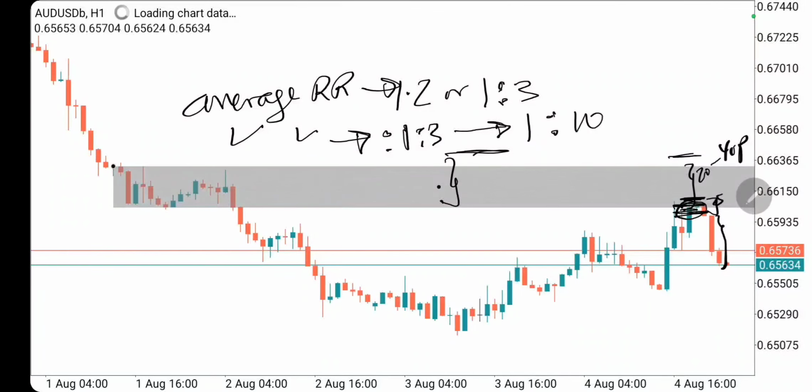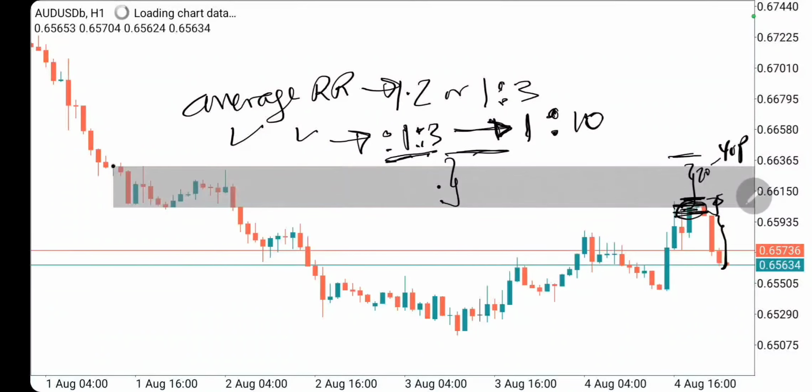Not less than 1:3. If you are doing a confirmation entry for a demand or supply zone, you should be having a risk to reward ratio of at least 1:3. You have seen traders that have even as high as 1:10, right? But a decent 1:3 is lovely. 1:3 to 1:10, or 1:5 is lovely.